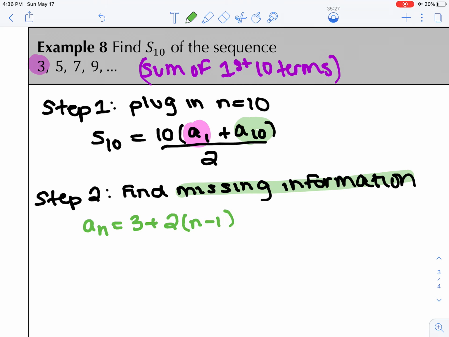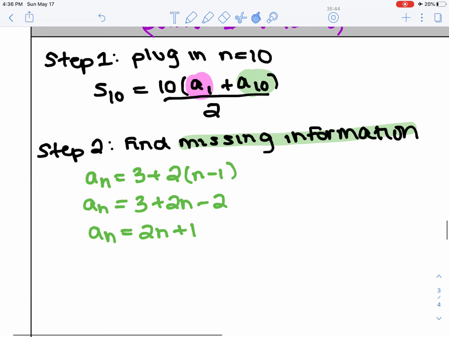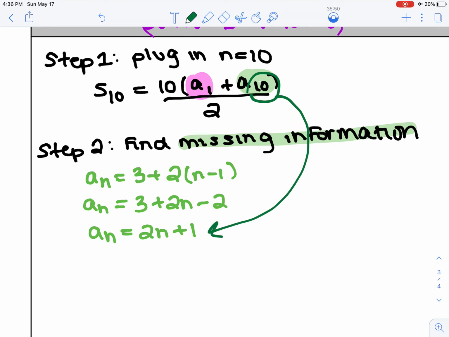Okay, I can go ahead and clean that up a little bit. I see that that's 3 plus 2n minus 2, which is just telling us that a sub n is equal to 2n plus 1. And that's helpful because I can go ahead and snag that value of 10 and plug it in anywhere there's an n. So I'm going to let n equal 10 in order to calculate a sub 10.